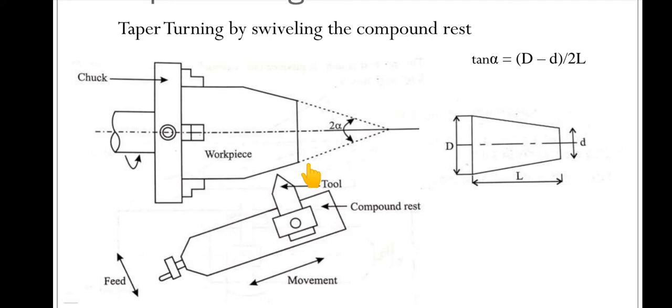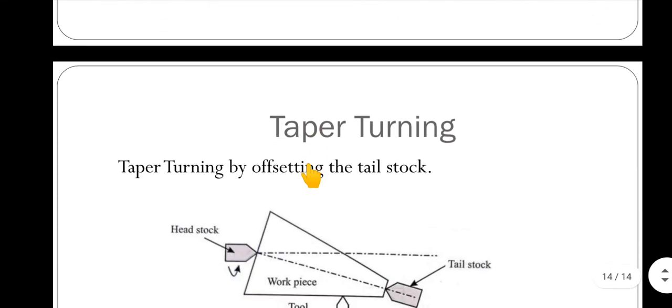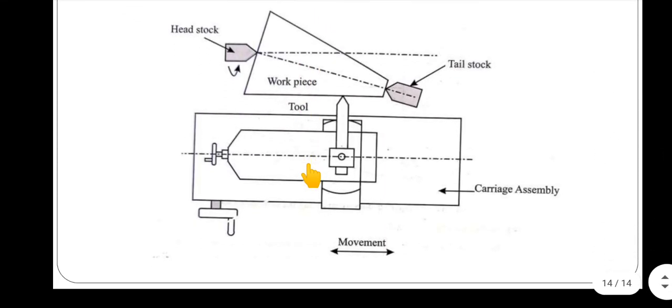The next method is by offsetting the tailstock. Here the carriage or the tool movement will be parallel to the lathe axis, but what happens here is the workpiece will be inclined. How can we do this? By moving the tailstock to a certain angle, then fixing the workpiece. Here the tailstock body is shifted for a small distance.